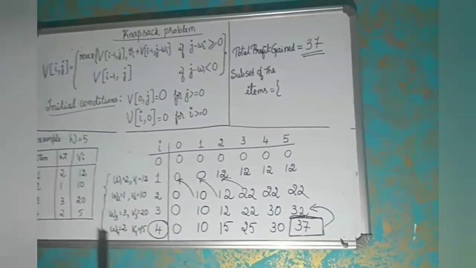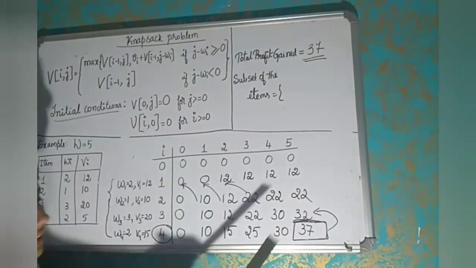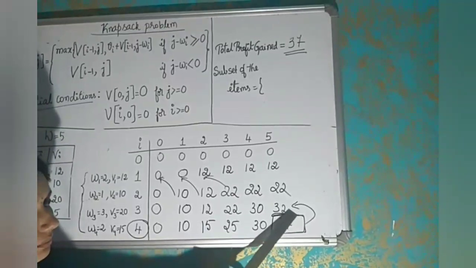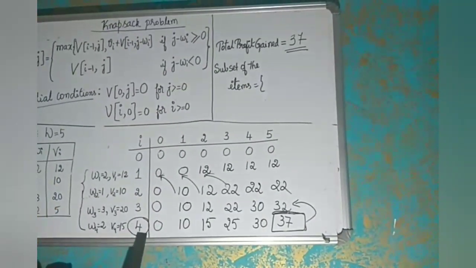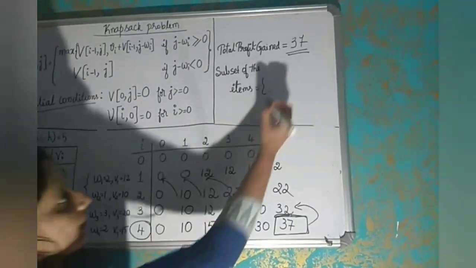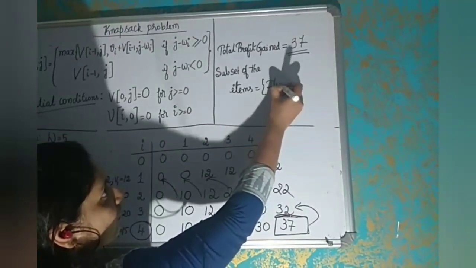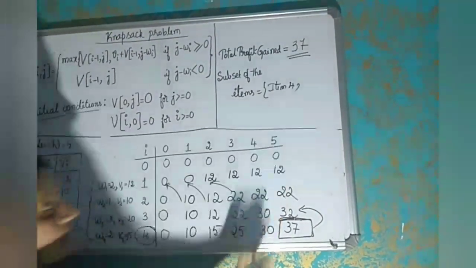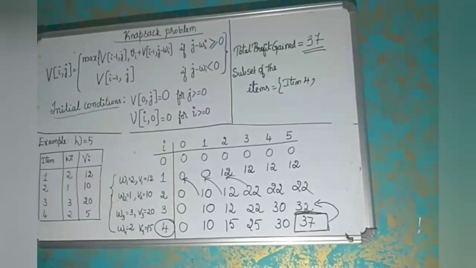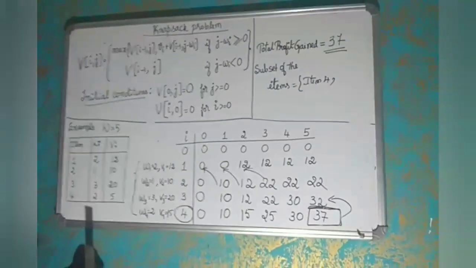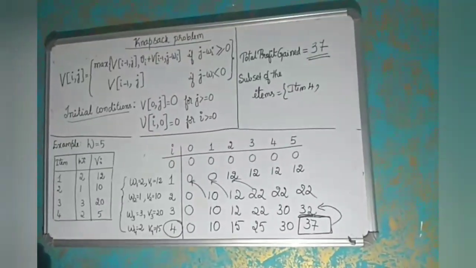We were not able to select the item because it was exceeding the capacity. But here the values are different, so that means item 4 is selected. So I can write in the subset of the solution, one item that is there in the solution is item 4. Next, what you have to do?